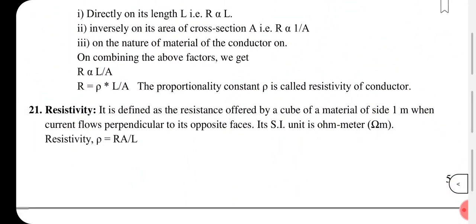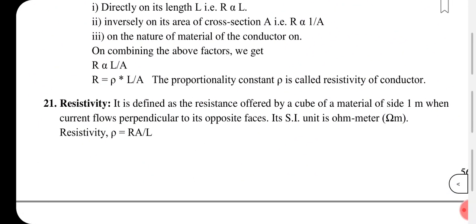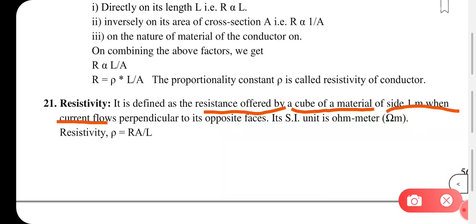This is one of the important concepts based on which many questions are asked. What is resistivity? Now you can define it. It is defined as the resistance offered by a cube of a material of side 1 meter when the current flows perpendicular to its opposite faces.